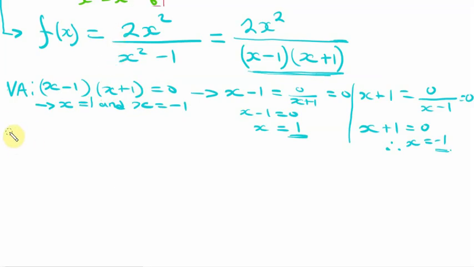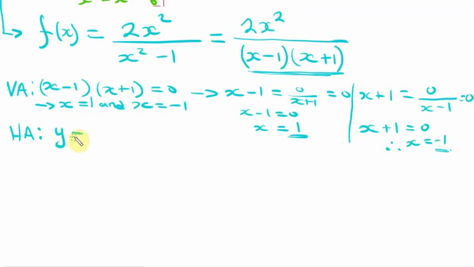Alright, what else? Let's look at the horizontal asymptote. First question is, does our rational function have a horizontal asymptote? Well, let's look at the degrees of our polynomials, the numerator and the denominator. They are both of degree 2, which means they are the same.